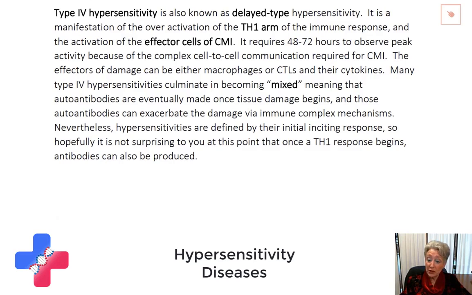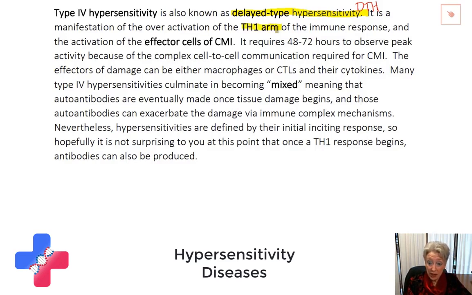Type 4 hypersensitivity is also known as delayed type hypersensitivity, and you may have seen that abbreviated as DTH, okay? That is to imply to you that this is not going to be seen on the same time frame that I would see particularly with the type 1. And it's because it's a manifestation of the T helper 1 arm of the nirvana diagram.